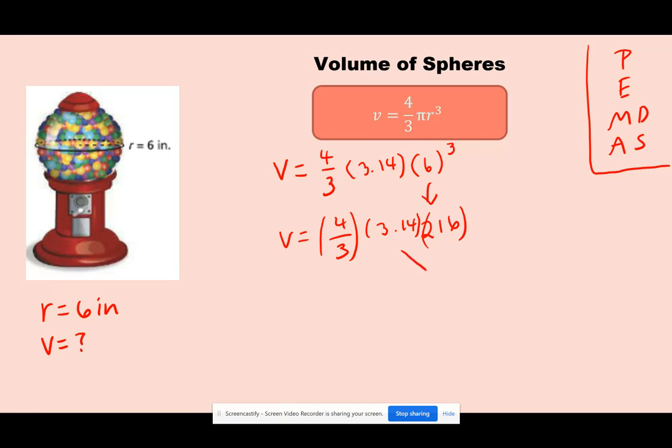So I'm going to take these 2 numbers here and multiply them together. 3.14 times 216, okay? And then I'm going to do the 4/3. All right, let me grab my calculator real quick. And we're going to see what 3.14 times 216 equals.